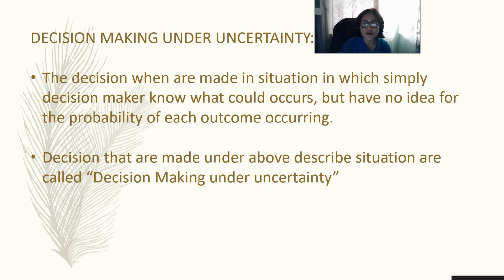So there are situations in which the decision maker, or the one involved in that kind of decision, has no idea what will happen in the future, or what the outcome of that decision analysis will be. Those described situations are decisions made under uncertainty.